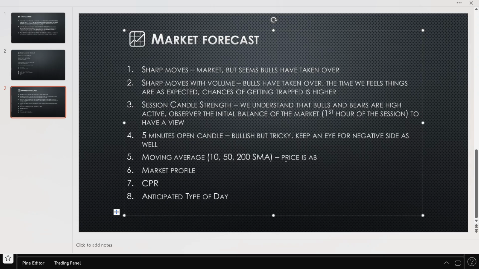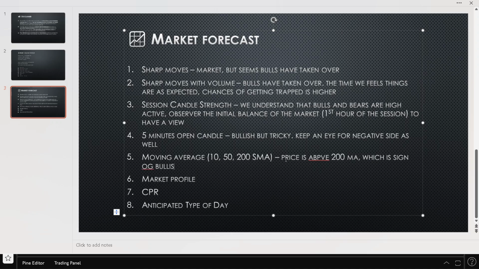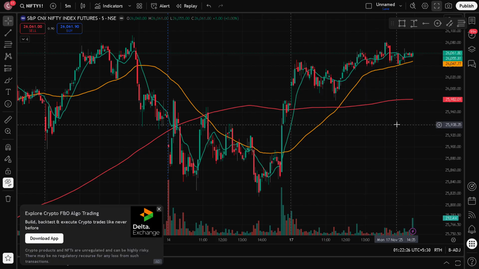Price is above the 200 MA, which is a sign of bullish sentiment.